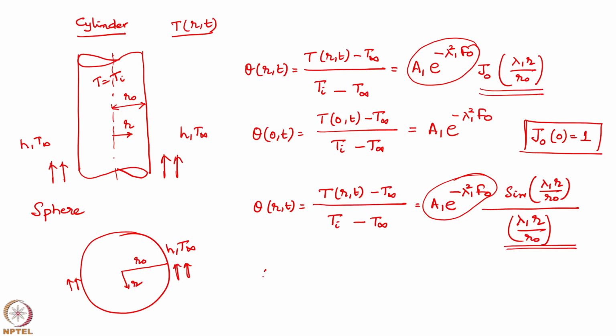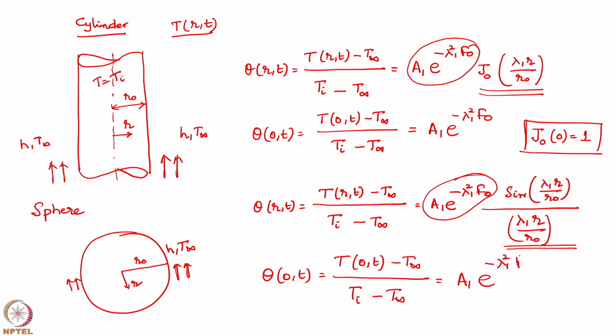Similarly, theta of 0 comma t is T of 0 comma t minus T infinity divided by Ti minus T infinity is equal to A1 e to the power of minus lambda 1 squared Fourier number. You know that in plus 2 you have studied the limit as r tends to 0, this becomes equal to 1. So that is why you get this temperature distribution.